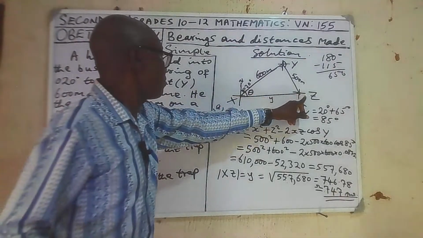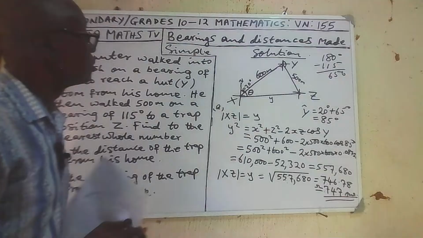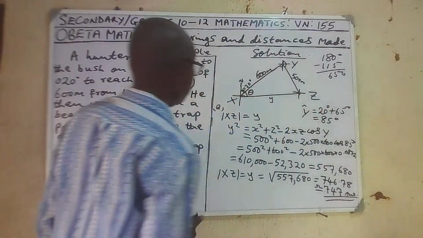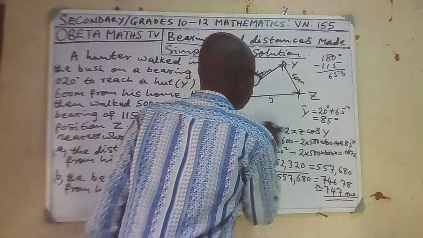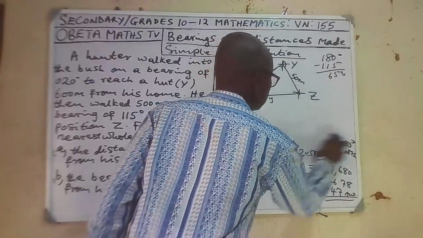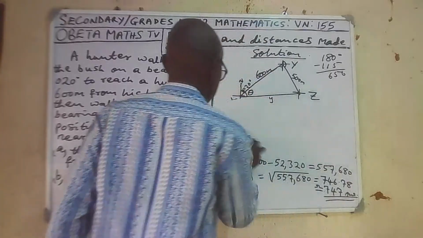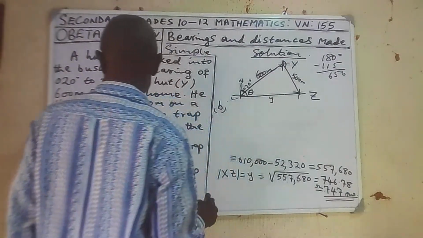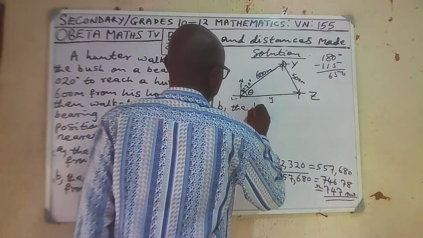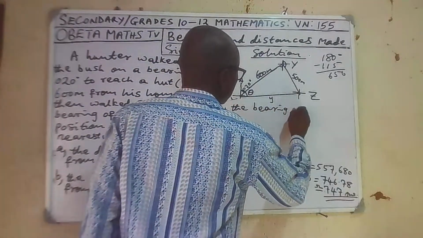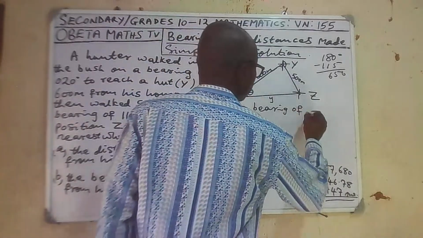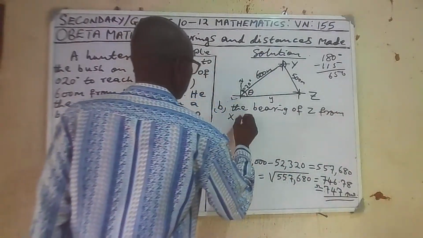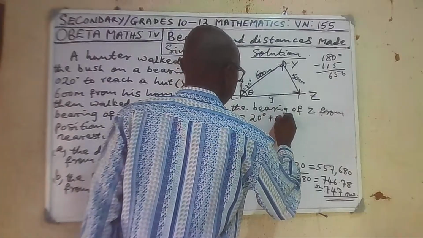That's the B part of the question now. The bearing of Z from X should be equal to 20 degrees plus theta.